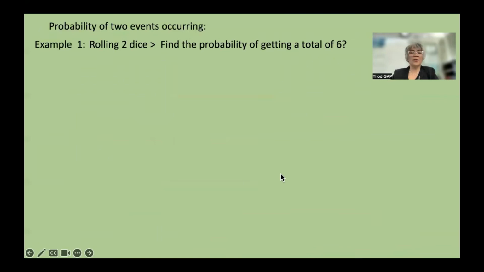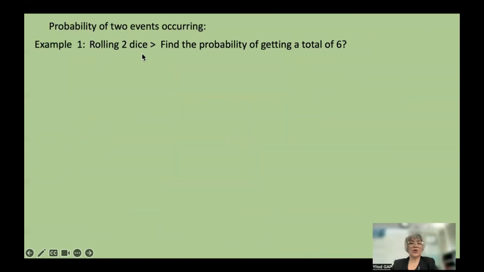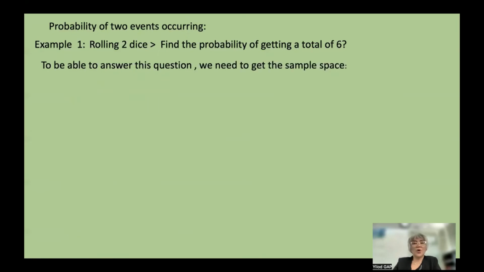Now, let us consider at this point two events occurring. So two events occurring, we have, say here, an example, rolling 2 dice. So we are going to find the probability of getting a total of 6. First of all, we need to show or to represent the sample space of these two events.